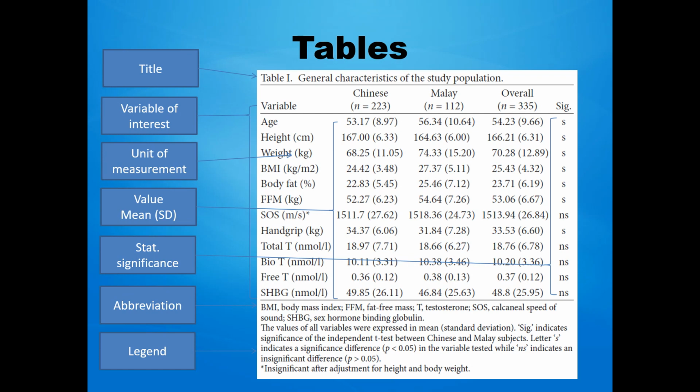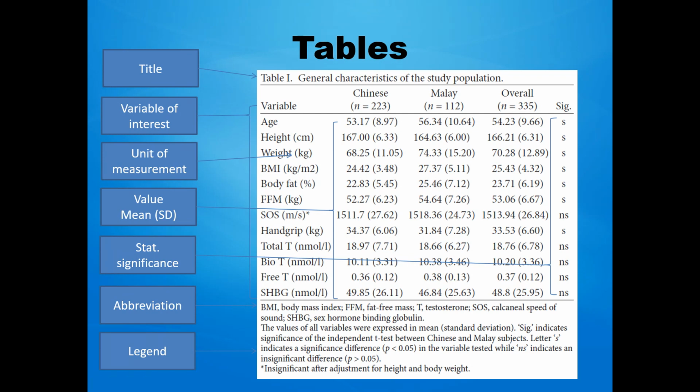So in the results sections, you are going to encounter a lot of tables and figures, and those tables and figures should be labeled correctly and presented correctly. So these are the essential components of a table. For example, you have a title, and you have the variable of interest, accompanied by the unit of measurements. Okay, you can see that for the BMI, the kg over meter squared is superscripted.